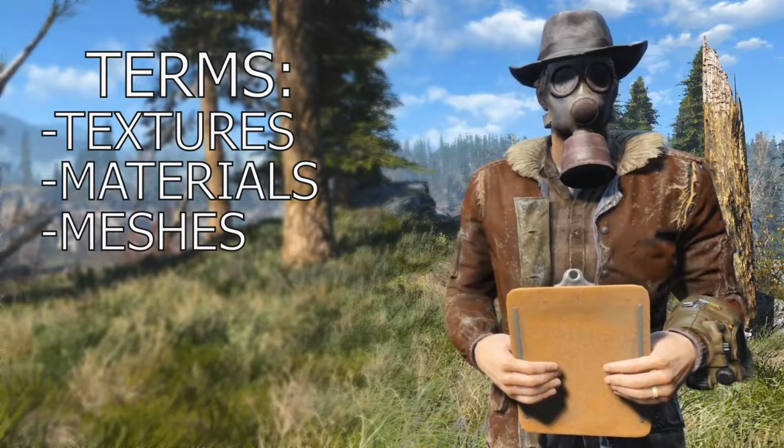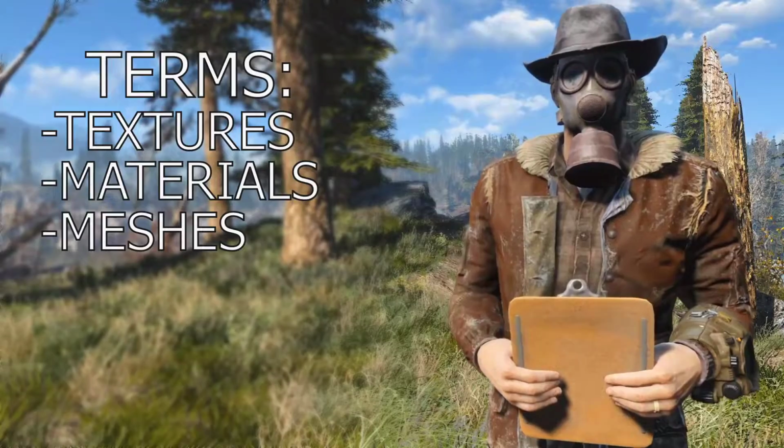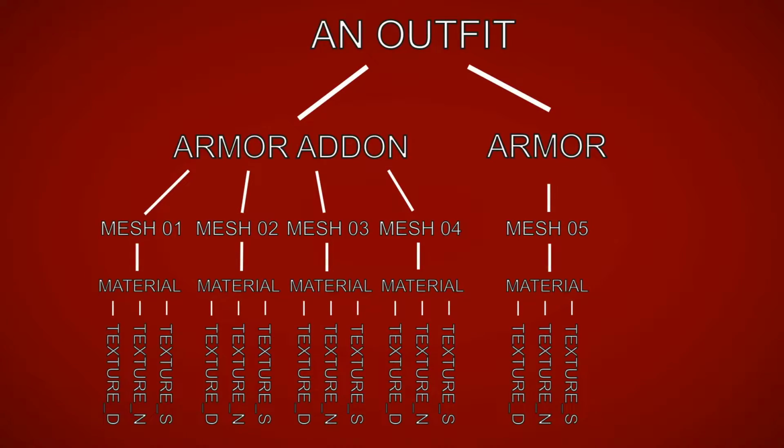So if we look at the total picture of what an outfit is made of, we get something like this. An outfit is made from 2 items inside the Creation Kit, which we will go to in a minute, and inside these 2 Creation Kit items we have to link the meshes, which, like I said, are 5 meshes in total. 1 for the armor item and 4 for the armor add-on item.